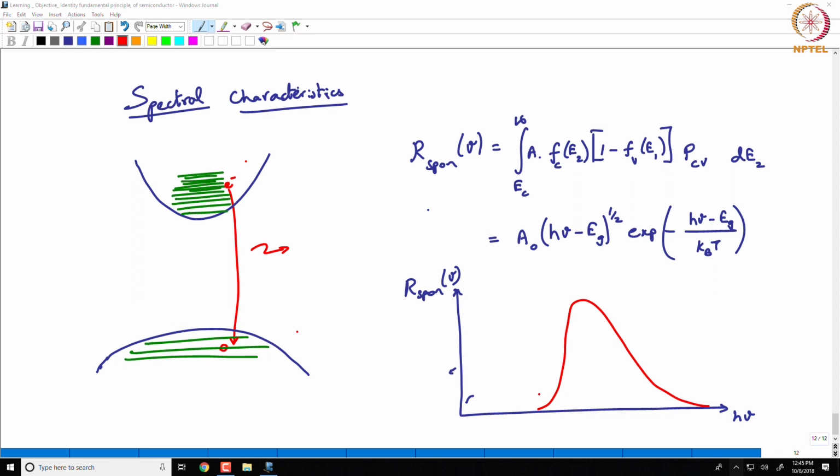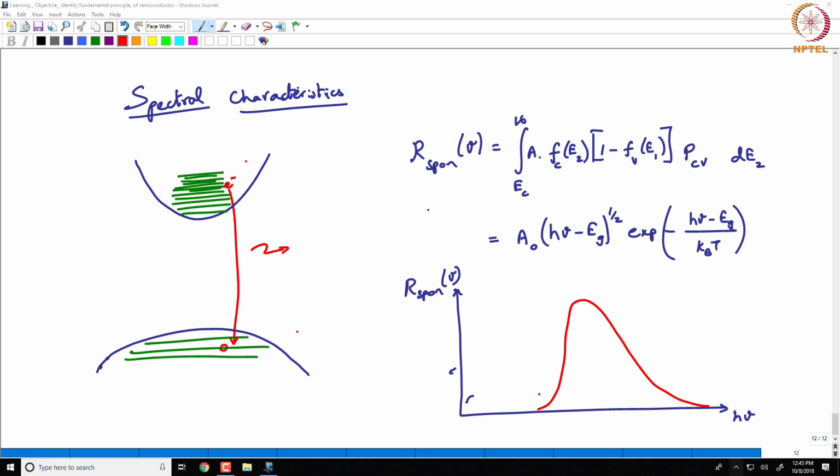Near the band edge, the emission is going to happen at a minimum energy corresponding to the band gap energy, right.